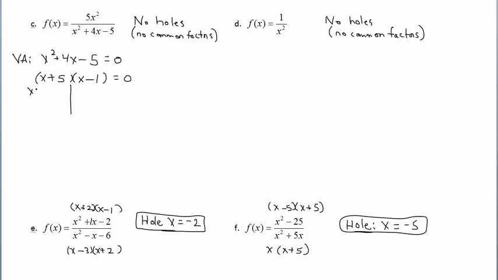Set each factor equal to 0 and solve. Oh, sorry, x minus 1 equals 0. I went straight to the vertical asymptote. Neither one of these x values contribute to holes, so they're both vertical asymptotes. Oh, sorry. x equals 1. These are both x's.